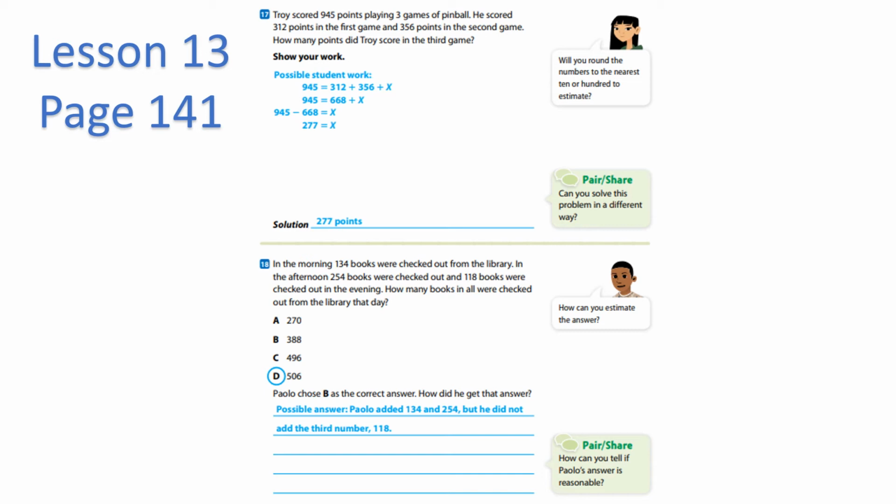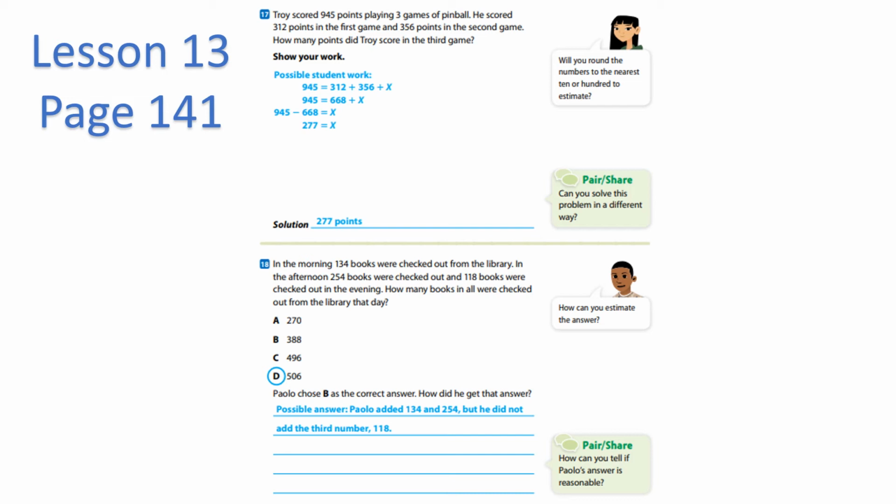So in the equation, the X represents the points scored in that third game. So to solve this problem, we need to add the points of his score in games 1 and 2. So we would add 312 plus 356 plus X to try to get up to 945. So again, that X is our unknown. That's what we're trying to solve.